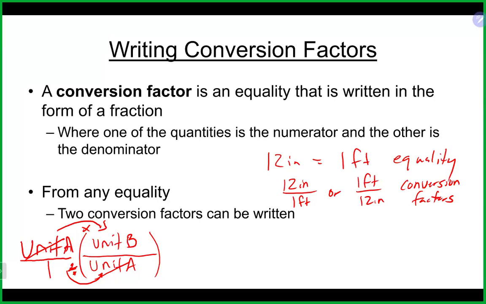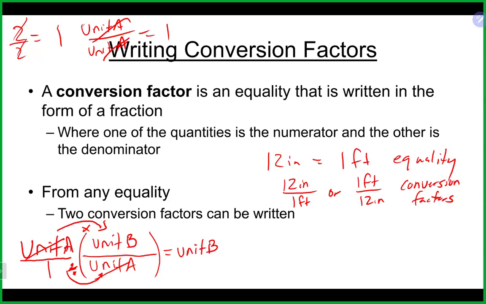It is the same idea if you took 2 divided by 2 equals 1. If you have unit A up on top and unit A on the bottom, they also will cancel each other out and basically become 1. So that is how the units basically cancel out, just like you were dividing the same number on top and bottom. You're dividing the same unit on top and bottom, they would cancel. You would be left with unit B.